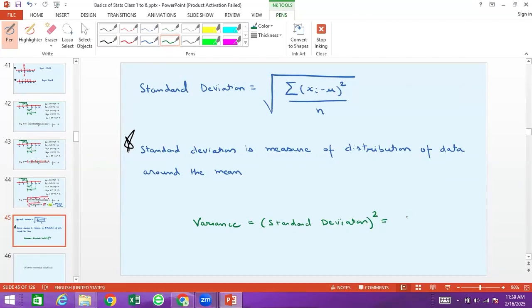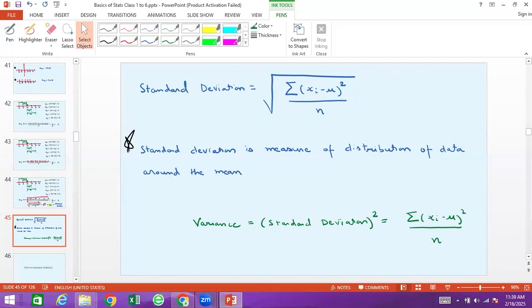Variance is nothing but square of standard deviation, which is nothing but summation of xi minus mu square divided by n. Under root will not be there. So if you are reporting standard deviation or variance, it is more or less the same thing. If it is variance, I know that I need to take an under root of that to find the standard deviation.